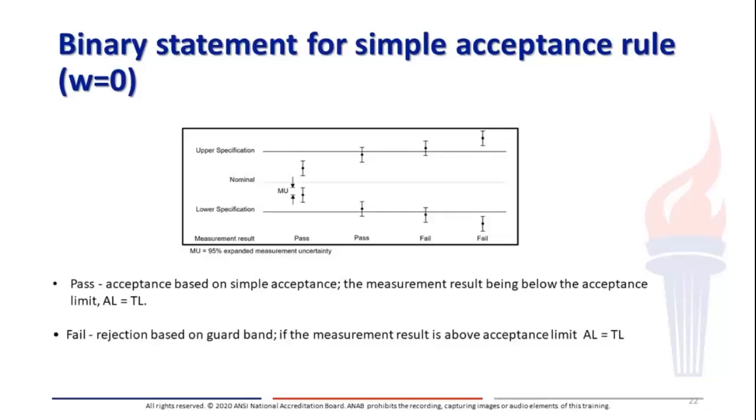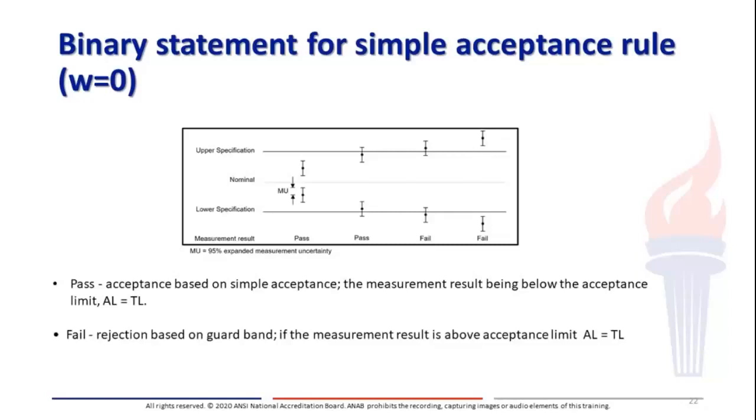The next one, we can see that the measured value is beyond the upper specification limit or the lower specification limit. With the extension of the uncertainty, there's a possibility that we falsely accept or falsely reject.